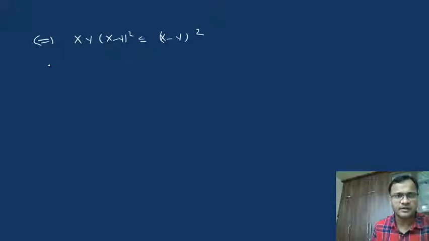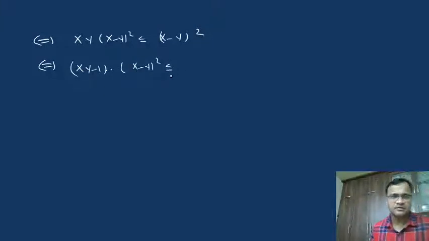So in order to prove the inequality, we have to show that xy times (x minus y) whole square is less than or equal to (x minus y) whole square, or (xy minus 1) into (x minus y) whole square is less than or equal to 0, and which is clearly true because we are given in the problem x and y both belong to 0 to 1.